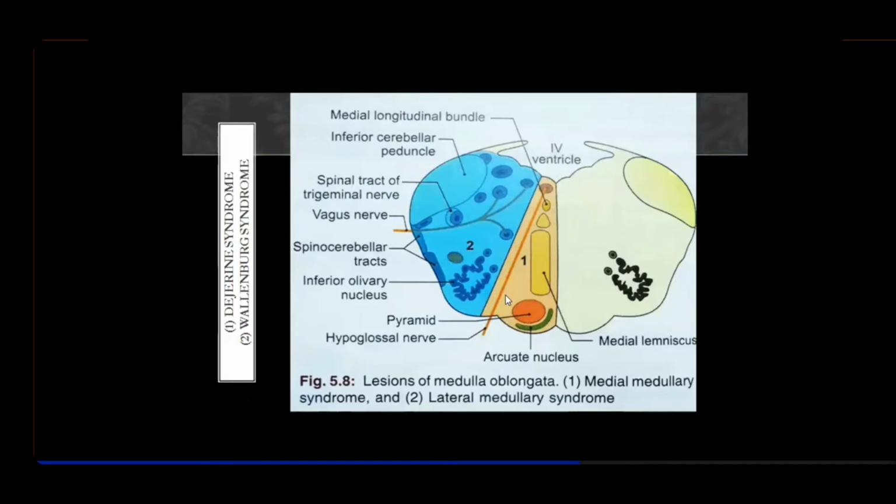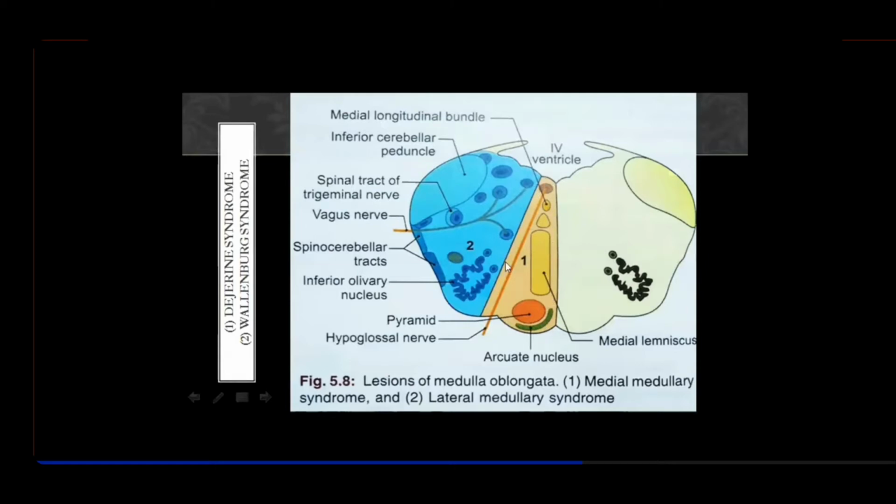If this artery undergoes ischemia, blockage, aneurysm, rupture, hemorrhage, or any sort of damage, what will happen? This portion undergoes ischemia, and there will be changes accordingly.